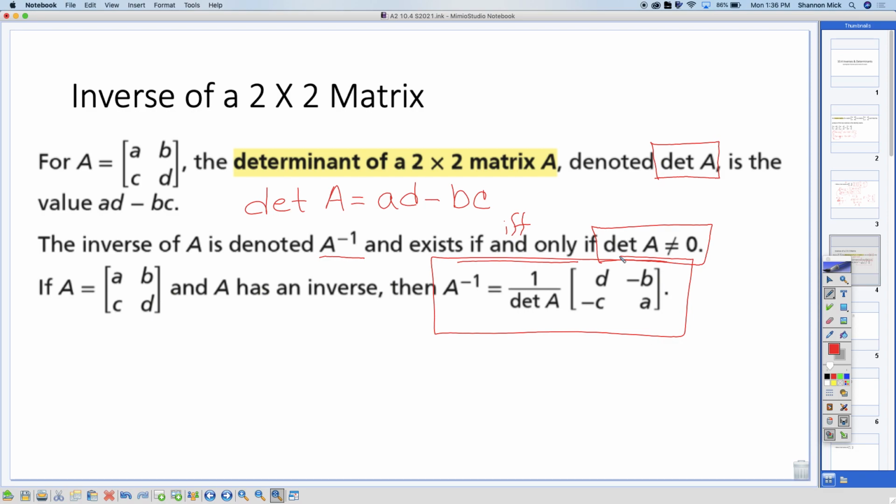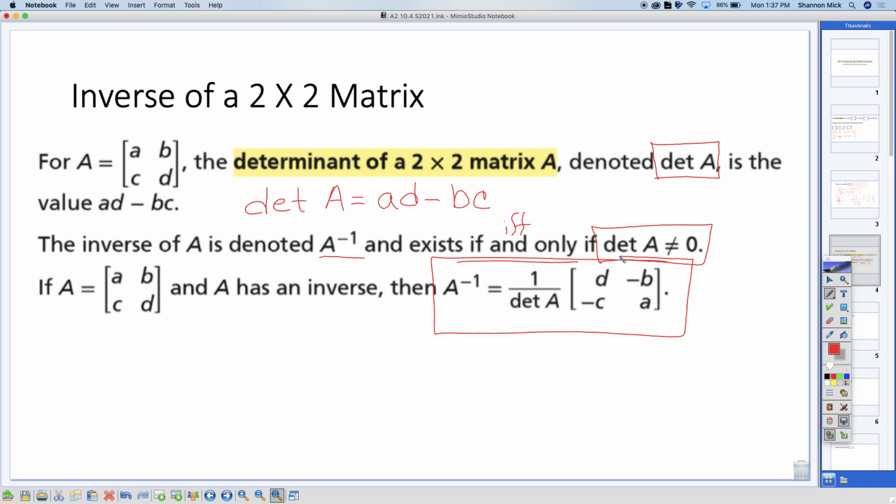Because you need it. What you should have on your paper is A equals [A, B; C, D]. Determinant of A equals A times D minus B times C. If the determinant is not equal to 0, then the inverse of matrix A is 1 over the determinant of A times [D, negative B; negative C, A].